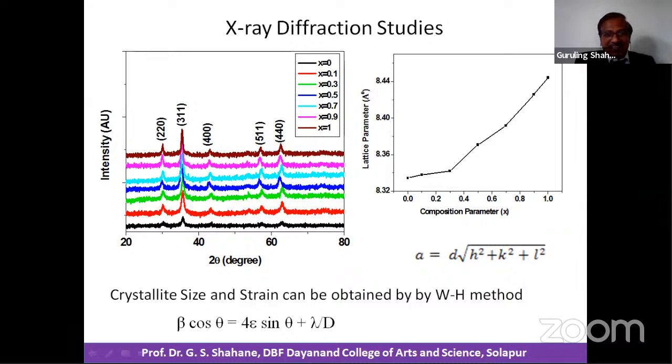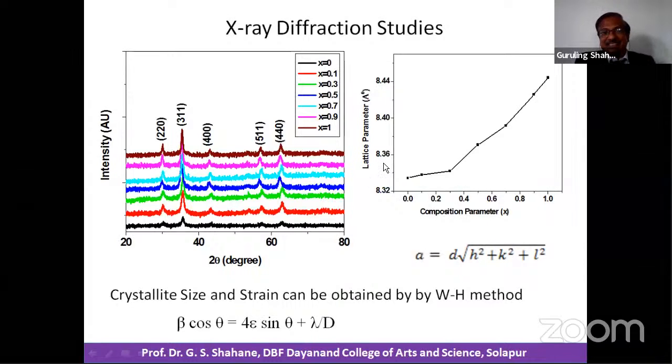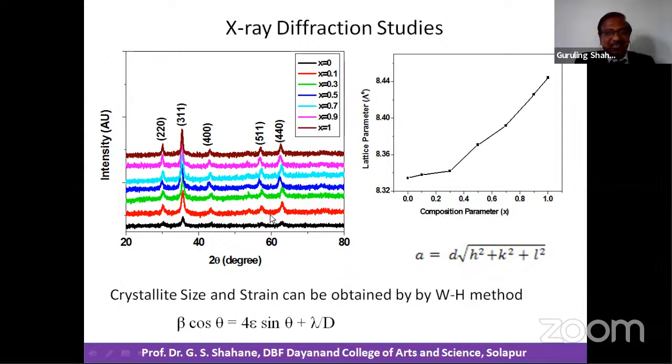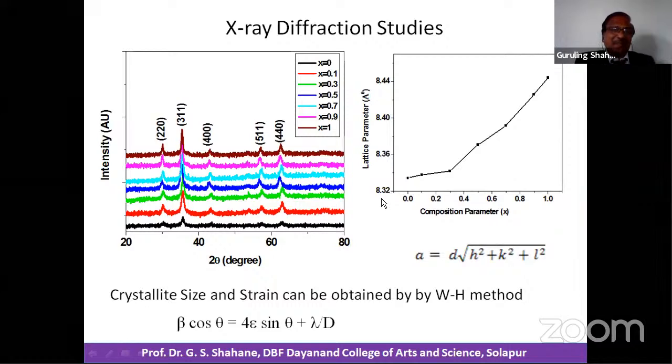We can obtain its lattice parameters by using the simple formula a equals d times square root of h square plus k square plus l square. So lattice parameters of that crystallite nanomaterial can be obtained. Crystallite size and strain can be obtained by using the Williamson-Hall method, by plotting the graph between this simple equation, beta cos theta and 4 sin theta.